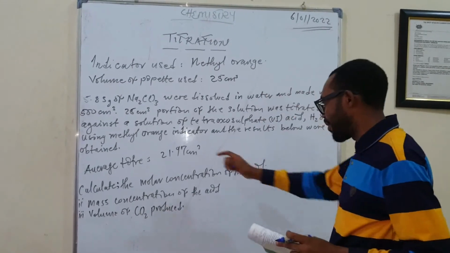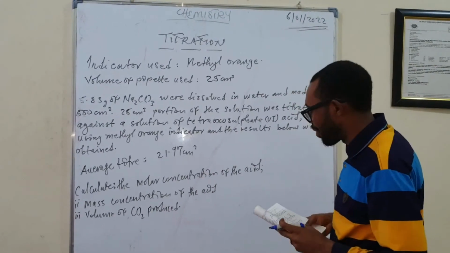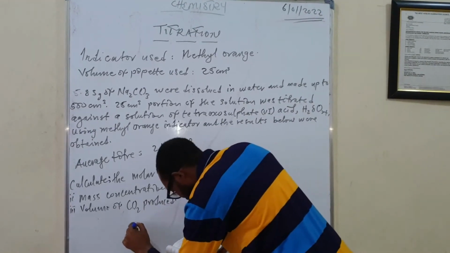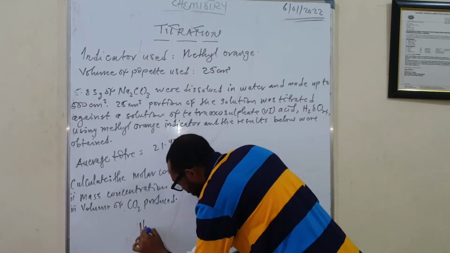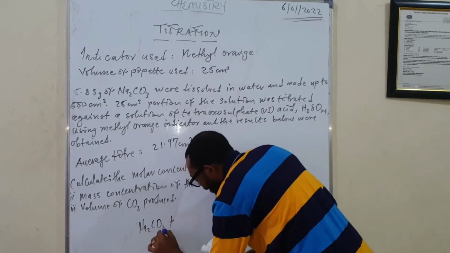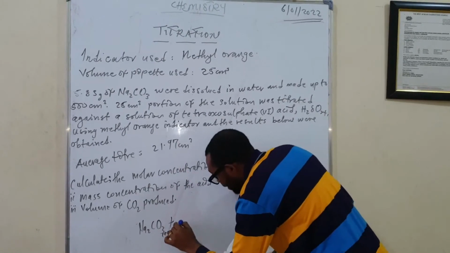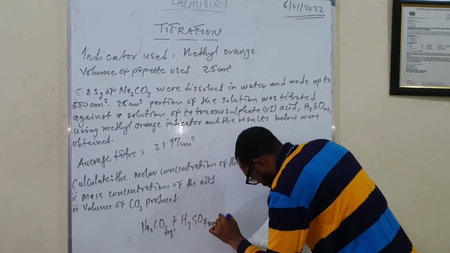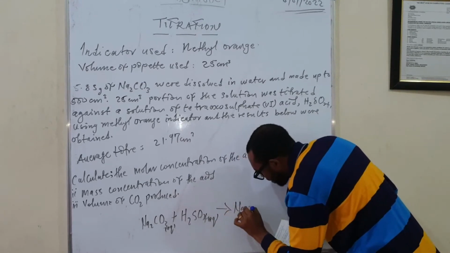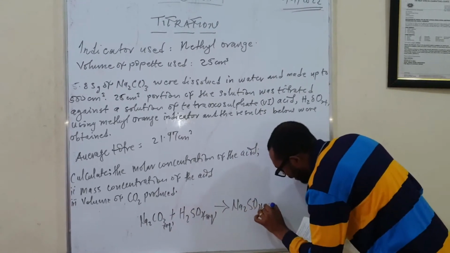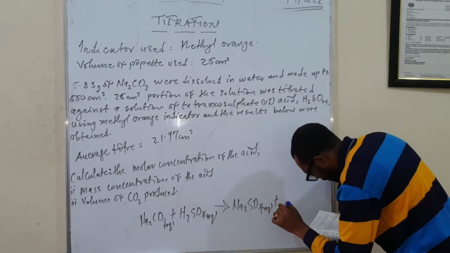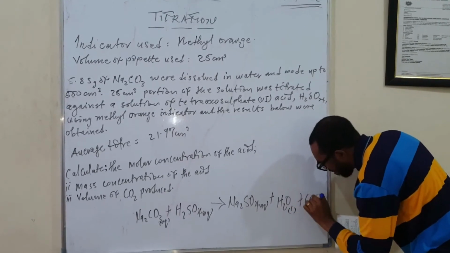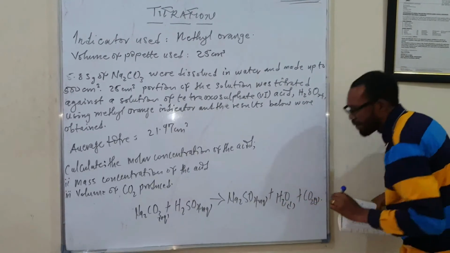Now, these are the three parameters I'm quickly going to show you how they can be calculated. But we can't do this without first of all stating the equation for the reaction. Let me bring it down. It is sodium trioxocarbonate(IV) in aqueous state reacts with H2SO4 in aqueous state to produce sodium sulphate, Na2SO4, in aqueous state plus water, H2O, liquid state, plus carbon(IV) oxide, CO2, in gaseous state.